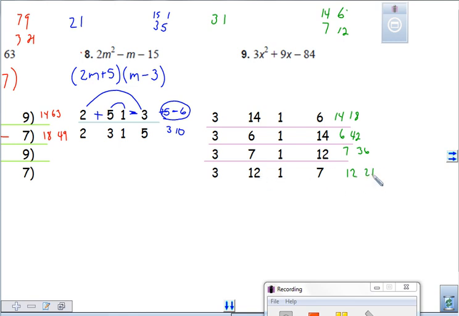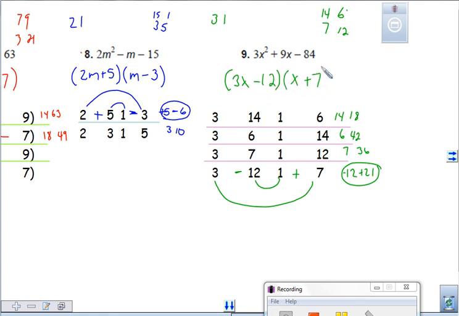So I need a 9. So that means I need positive 21 and negative 12. So I want my 12 to be negative and my 21 to be positive. So my answer is 3x minus 12 and x plus 7.